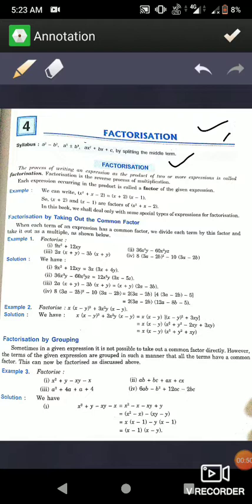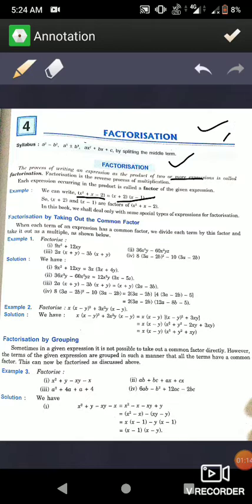What is factorization? The process of writing an expression as the product of two or more expressions. Suppose an expression is written here like x square plus x minus 2. Now it is split into two other expressions: x plus 2 in one bracket, x minus 1 in the other bracket.